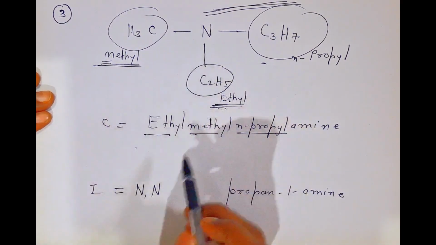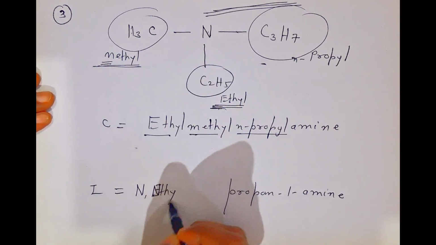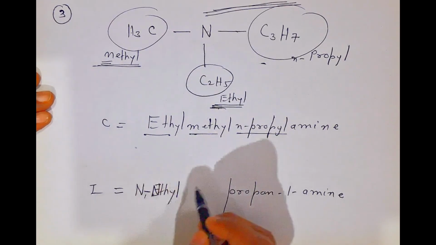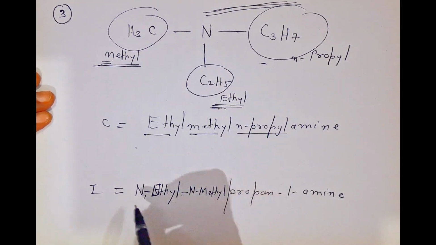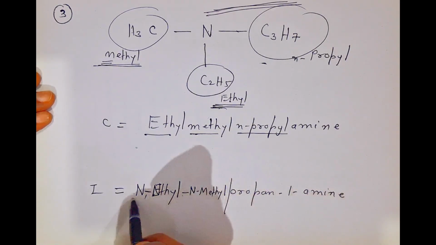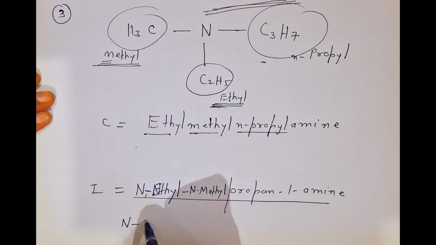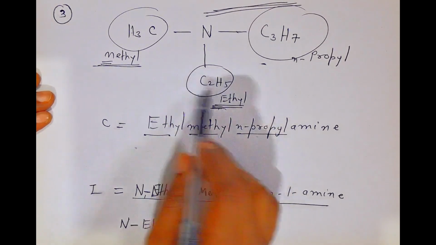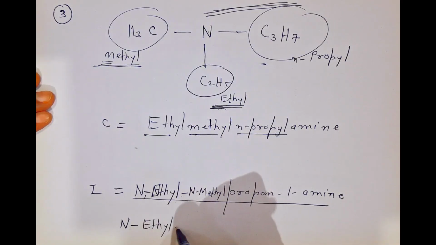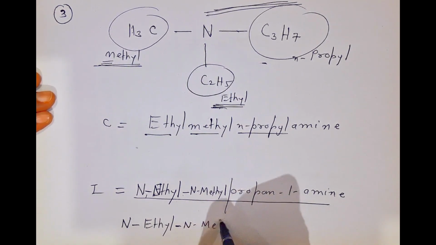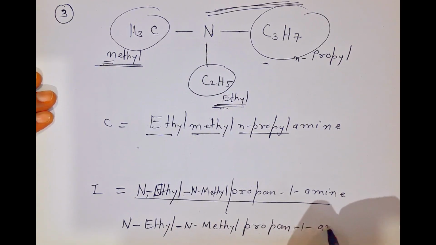This is methyl, this is ethyl, so we write N-ethyl, N-methyl. If they were similar, we would write 2 times N, but here they are attached separately. So N-ethyl, N-methyl, propane 1 amine will be the name of this molecule.